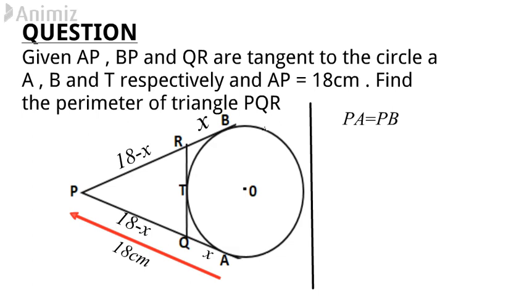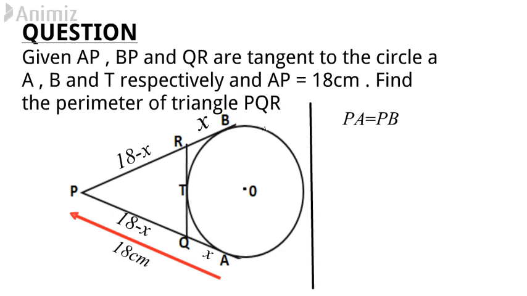Considering this length, QA and QT, we can call these lengths tangents. Why? Because they are touching only one point of the circle. Considering the line QT is touching only one point of the circle and is not passing through, and the length QA is also touching only one point without passing through the circle, and they are all meeting at Q. Therefore, length QA and length QT can also be considered as what?